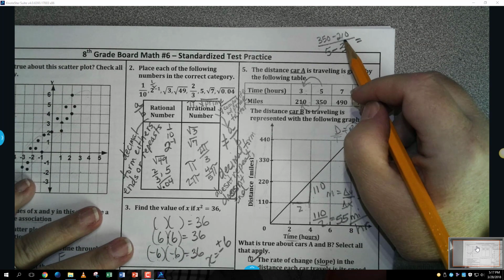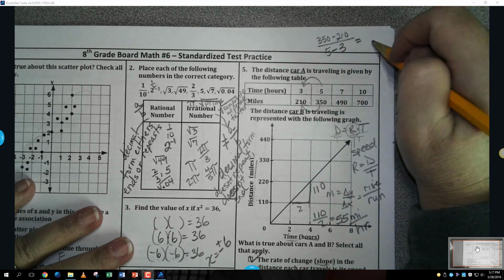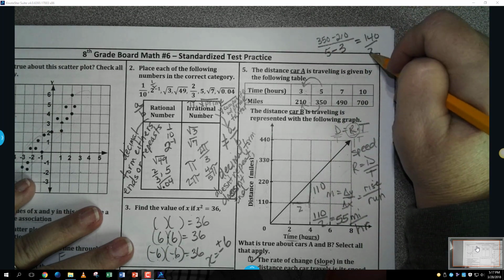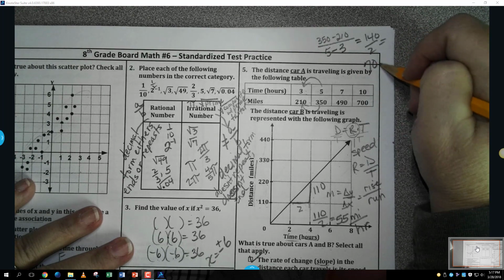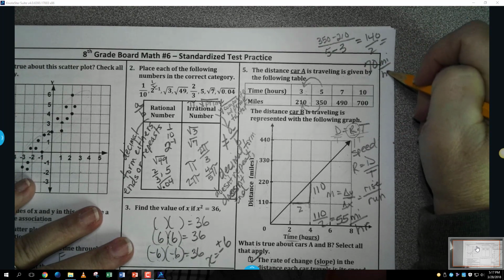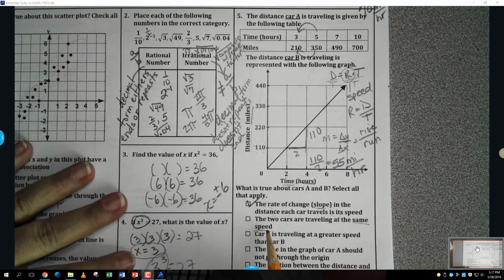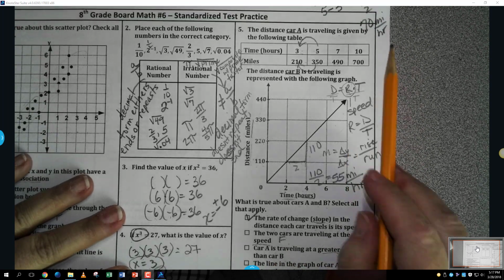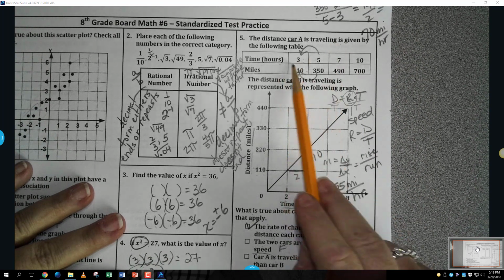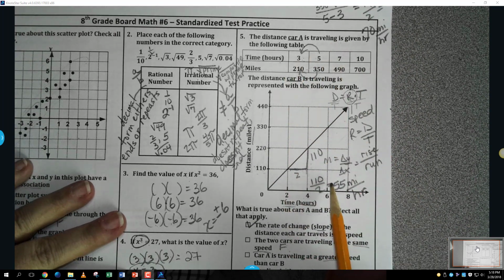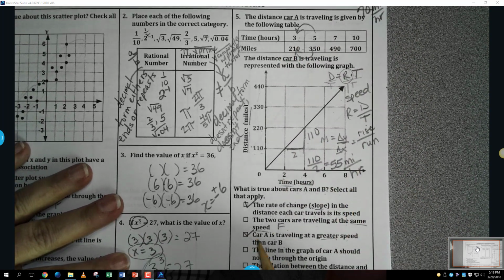So 350 minus 210 is going to be 140 over 2, and that's going to be 70 miles per hour. So it says the two cars are traveling at the same speed. No, they're not. Car A is traveling at a greater speed than B. Car A, from the table, is 70 versus 55, so yes.